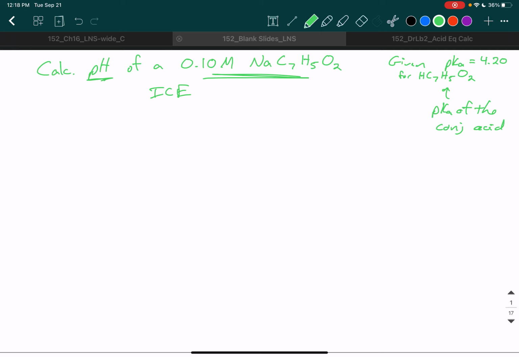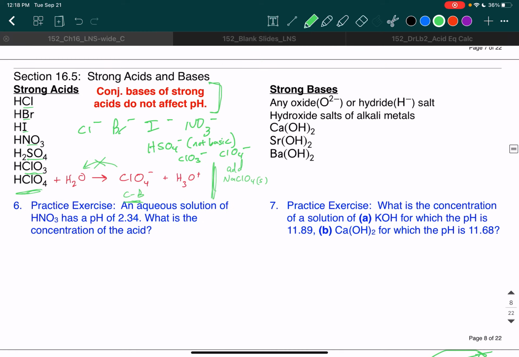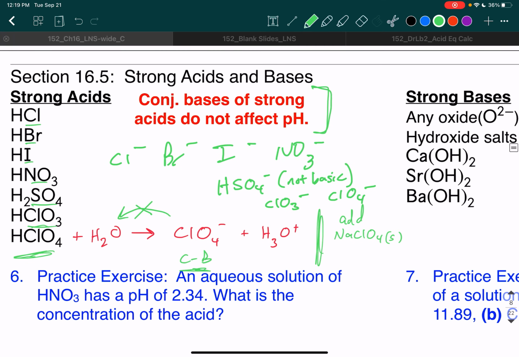So the base in here goes into solution, and you form that ion, C7H5O2 with a negative charge on it. That anion is not an anion associated with the conjugate base of a strong acid. It's not on that list, therefore it will cause the solution to be basic.